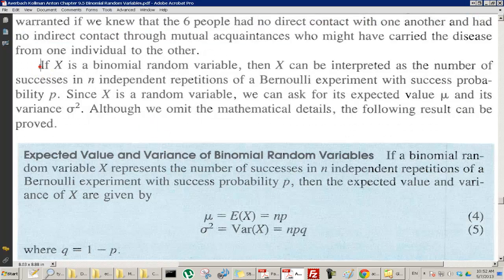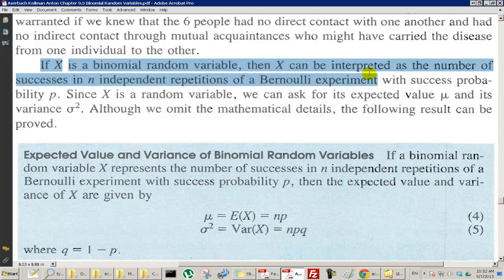Okay, if x is a binomial random variable, then x can be interpreted as the number of successes in n repetitions of a Bernoulli experiment with success probability p. Since x is a random variable, we can ask for its expected value, mu, and its variance.